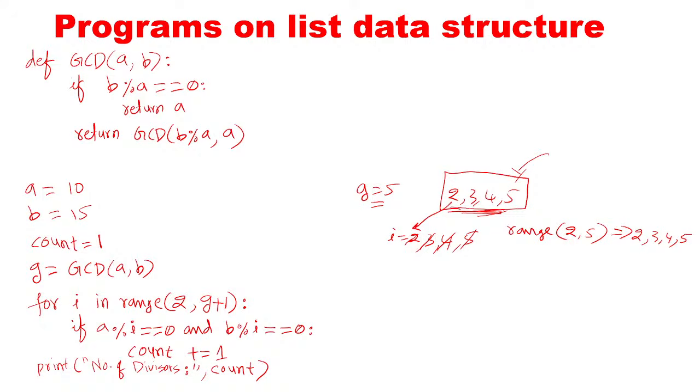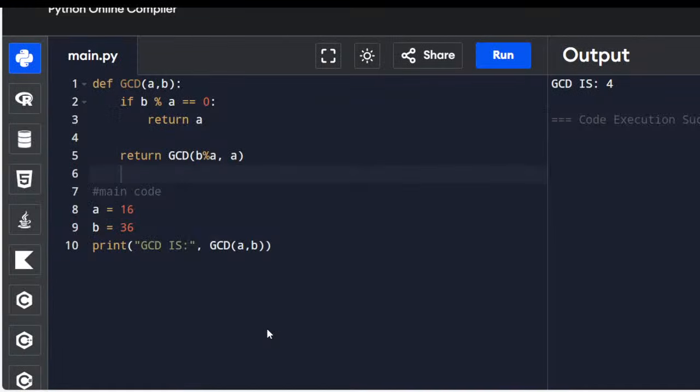So shall we execute this? Let us execute this code. We have already written the function. We make use of that function and directly complete the code here.